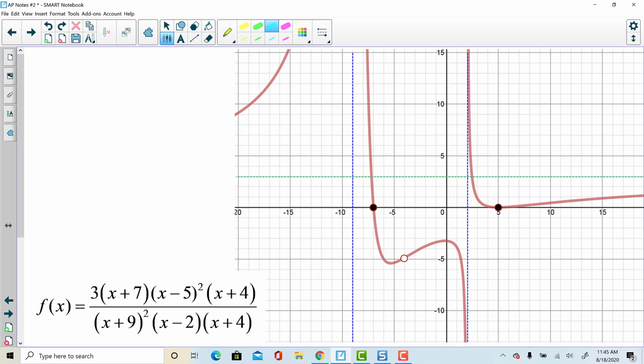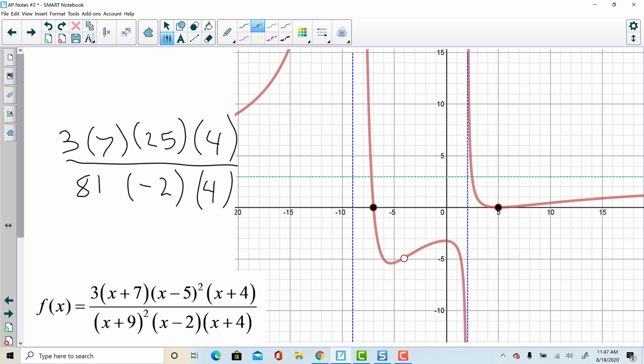To get the y-intercept, we have to plug in a 0 for x. If you plug in x equals 0, this is what you would get. You can see that the 4's will cancel, and you can actually cancel the 3 with the 81. You'd be left with 27. So that's kind of a tough one. The top, if you multiply it out, gives you 175.